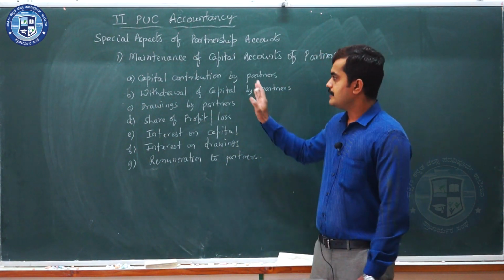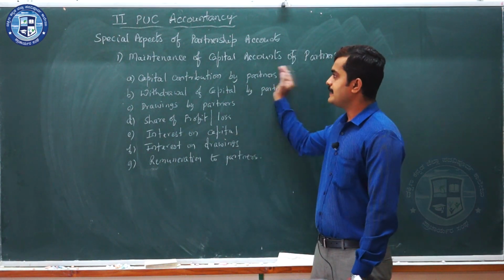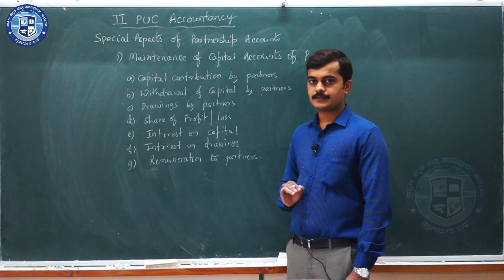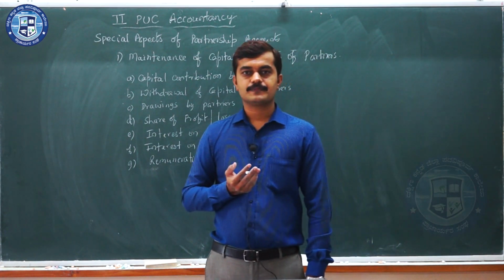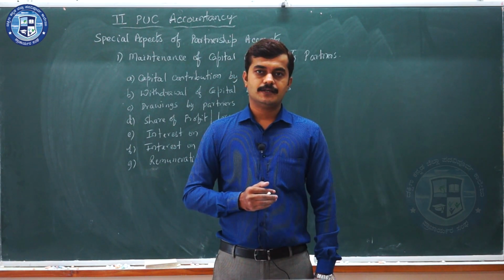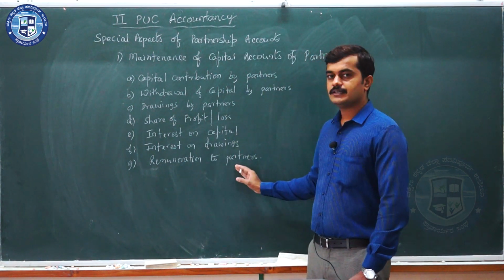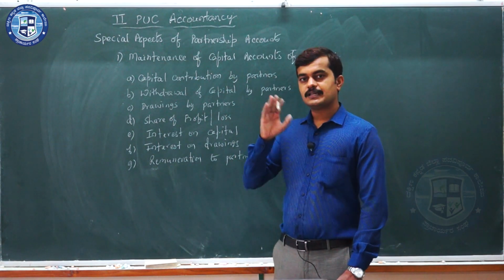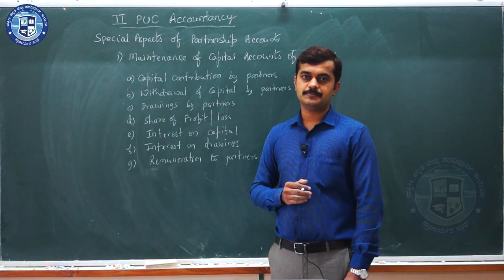Now about recording these transactions through capital accounts of partners. We have two systems or methods of maintaining capital accounts of partners. How we record these 7 transactions depends on the method or system which is followed in that partnership firm.